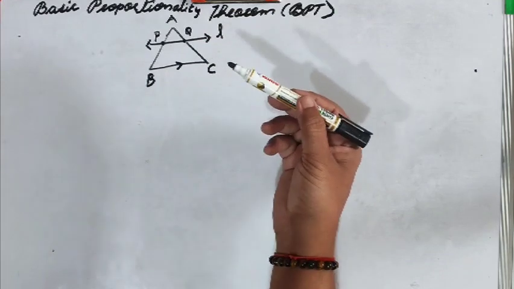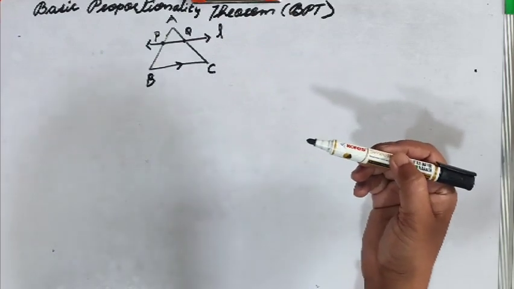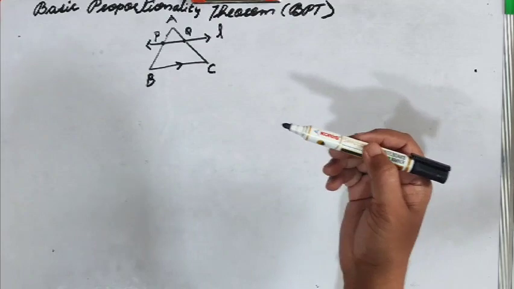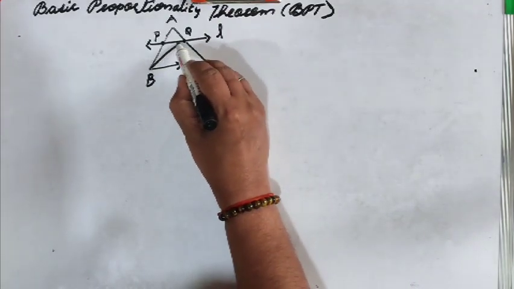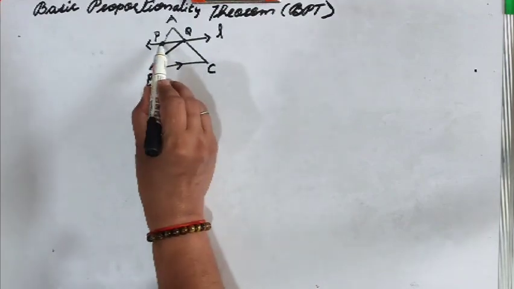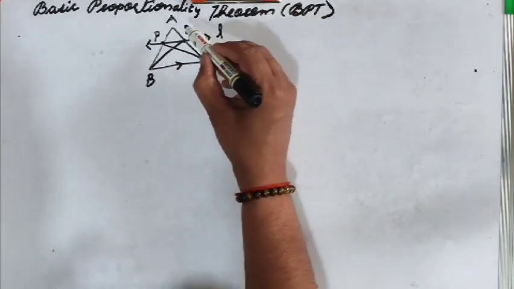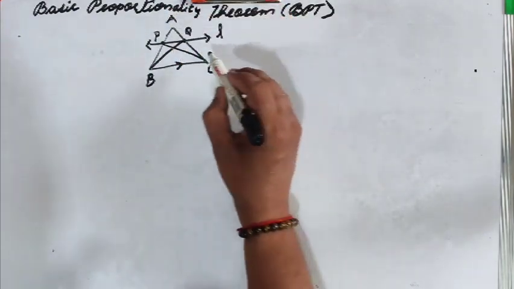Now how to get this answer? To get this answer, you need to do some construction. Without construction, we cannot prove it. So let us join BQ, then join PC. And also draw a perpendicular from the point P to the line segment AC.